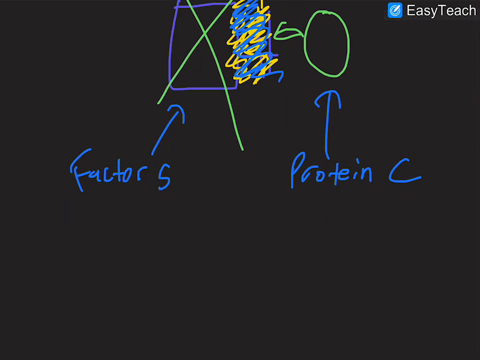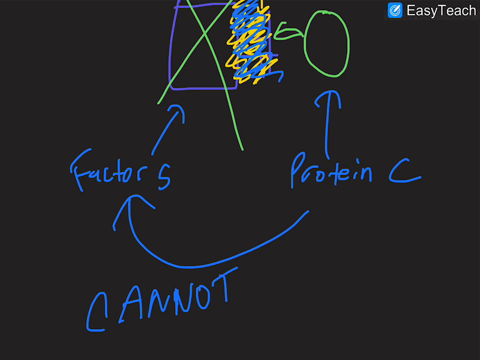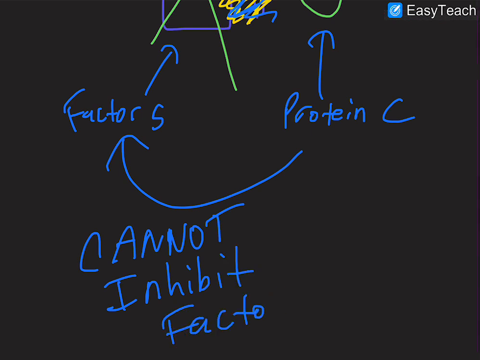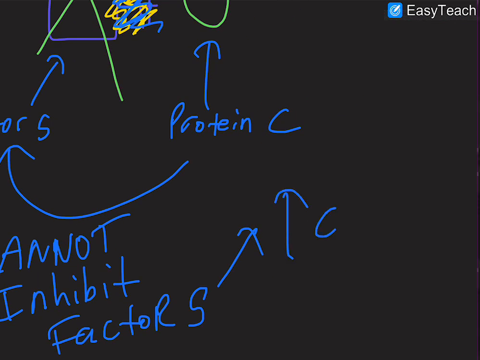So in factor V Leiden, due to the mutation in the factor V gene, protein C is unable to inhibit factor V. That means factor V Leiden leads to increased clot formation because the more factor V you have, the more activation of the common pathway you have, the more fibrin formation you have, and the more fibrin clots you can form.